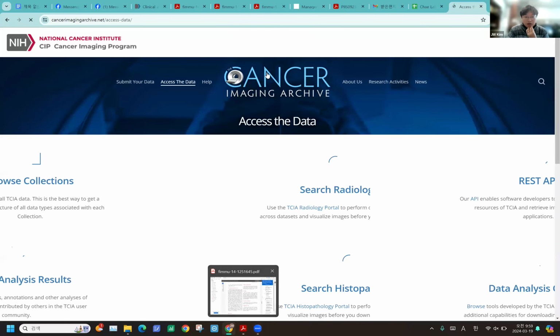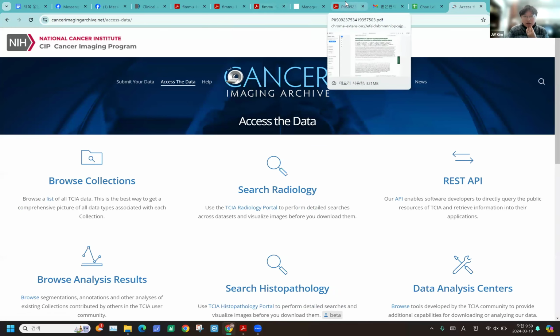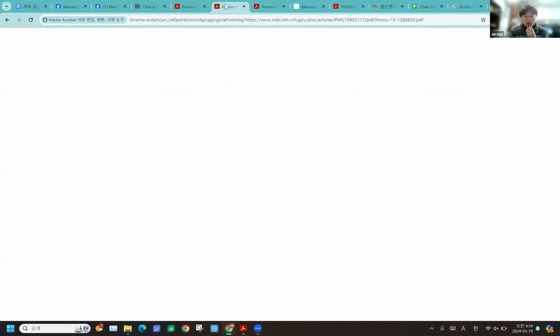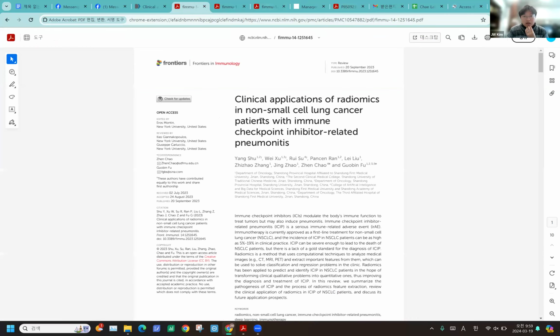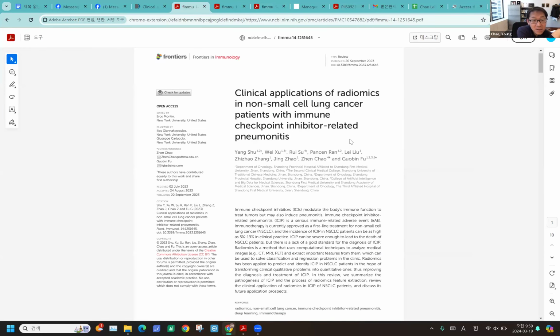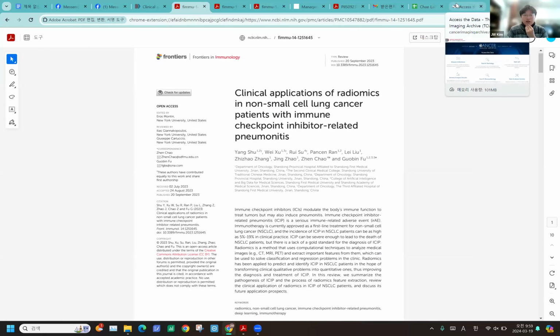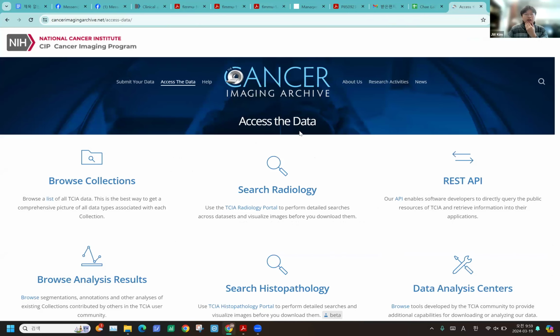I read about this from this paper. I was curious if there is any project going on in this lab involving this database. No, we haven't used this data.